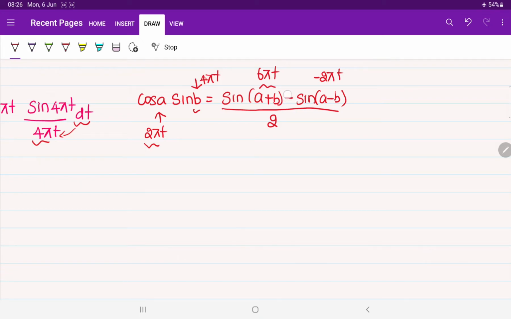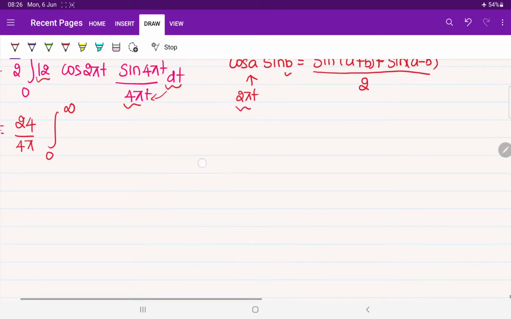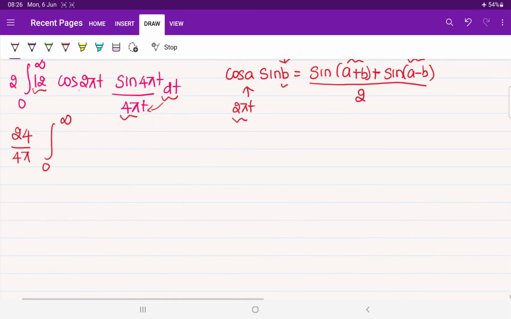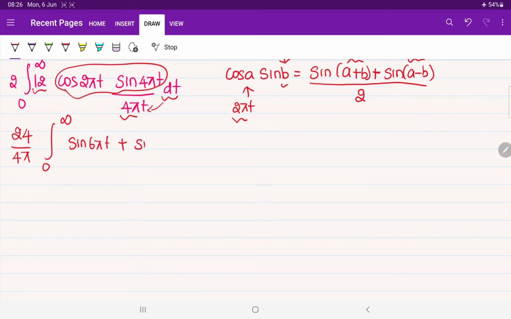Already one more minus is there, so overall I am replacing it by plus, and in place of A minus B we can put 2 pi t alone, because I have taken the minus outside. Finally, cos A sin B can be replaced by sin 6 pi t plus sin 2 pi t, and in the denominator we have t.